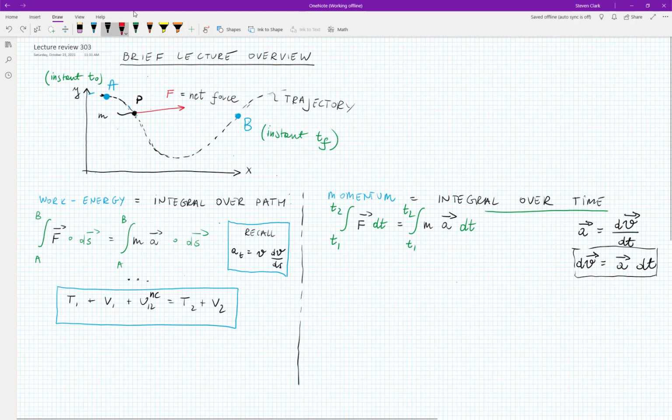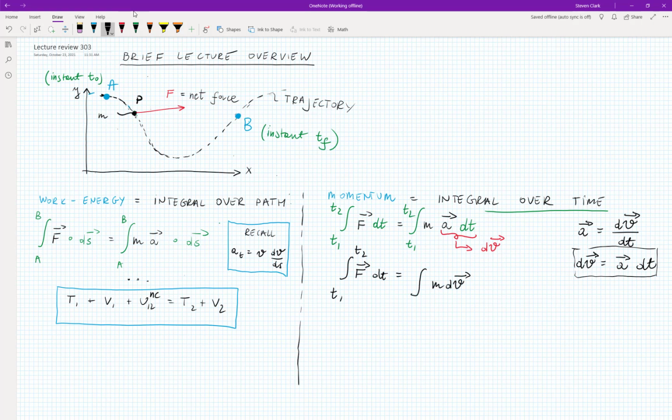So I can write F dt, integral from t1 to t2, and this is equal to m dv, integral from t1 to t2.